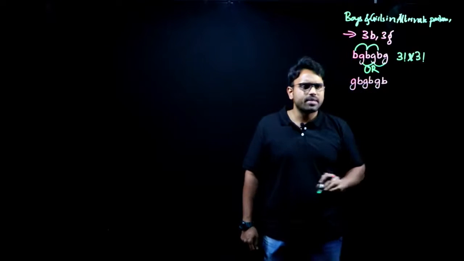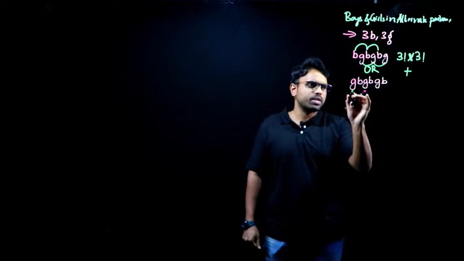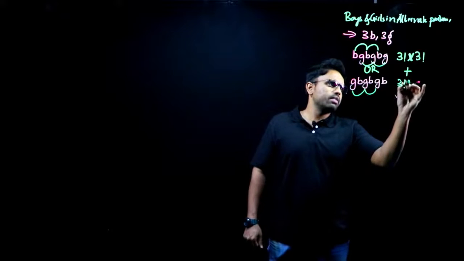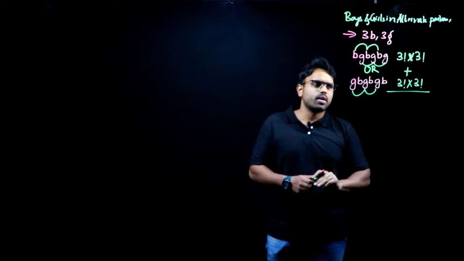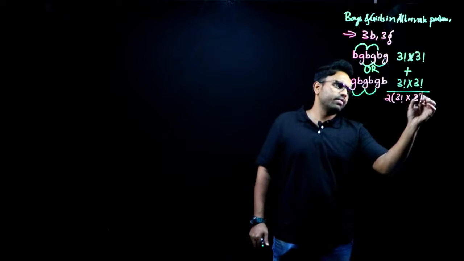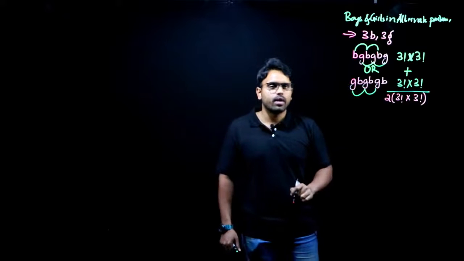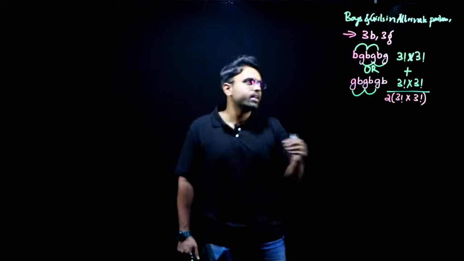Or represents what? Addition operation. These 3 girls can be rearranged in 3 factorial and these 3 boys can be rearranged in 3 factorial. So what does that give me? 2 times 3 factorial into 3 factorial. 6 into 6, 36, 36 into 2, 72. Yes, we can do that as well.